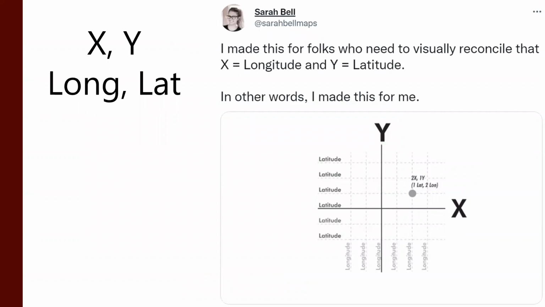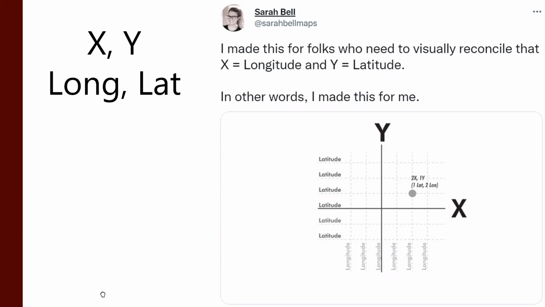Ever graphed a plot, made a graph, you're very used to X, Y. What's the X value? What's the Y value? And what is at issue with how we say latitude, longitude versus the tradition and the common usage of X, Y is that those don't actually match.